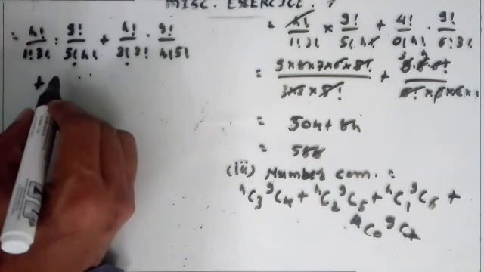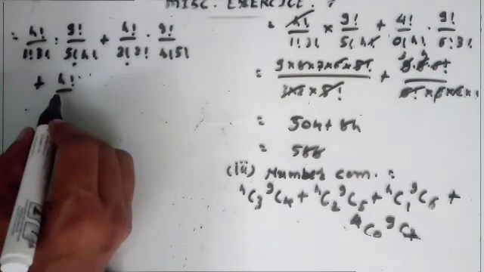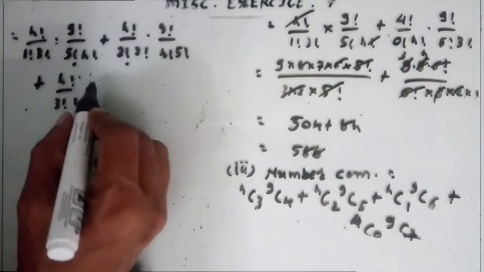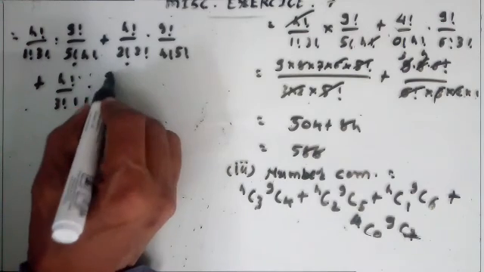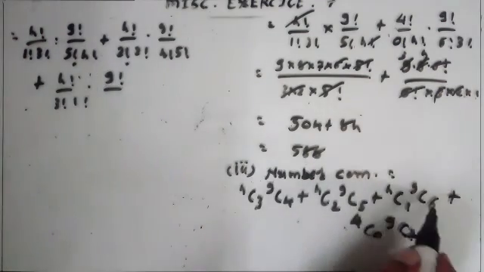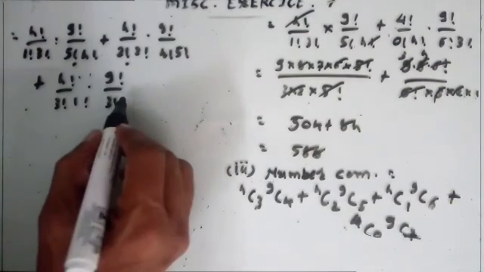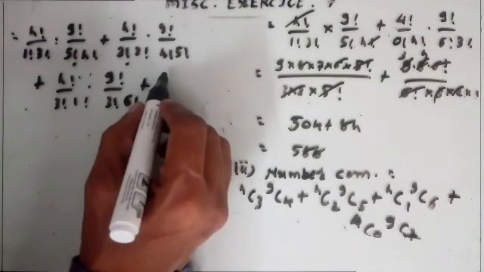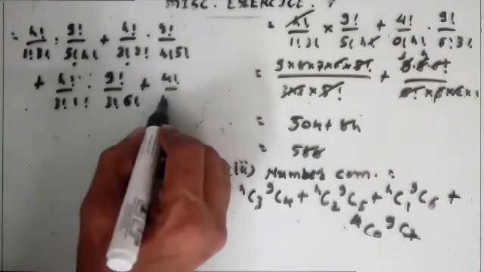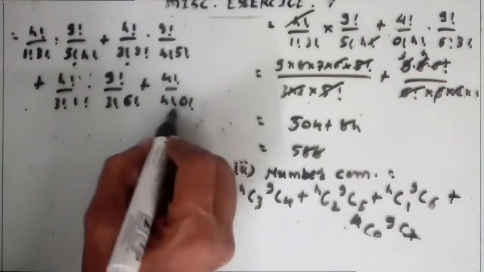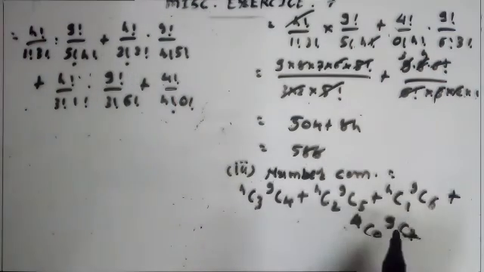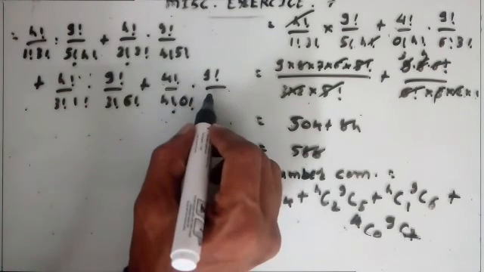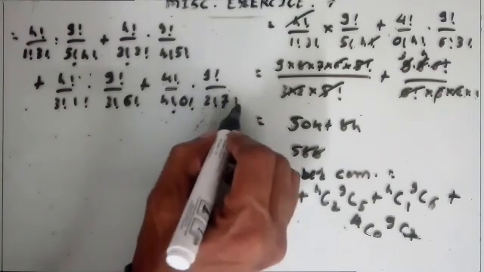Plus 4C1, that is 4 factorial upon (4 minus 1), that is 3 factorial, into 1 factorial, into 9C6, which is 9 factorial upon (9 minus 6), that is 3 factorial, into 6 factorial, plus 4C0, that is 4 factorial upon 4 factorial into 0 factorial, or 1, and 9C7 is equal to 9 factorial upon (9 minus 7), that is 2 factorial, into 7 factorial.